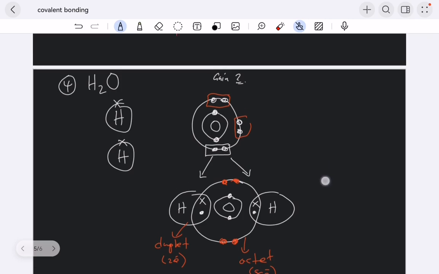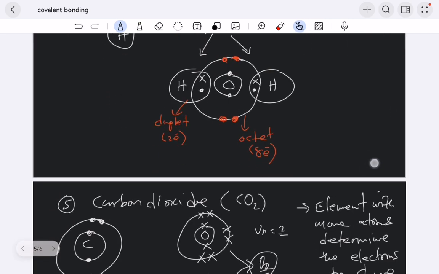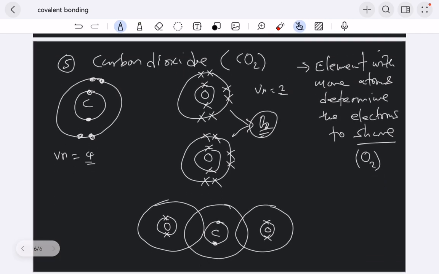In the previous case, we had 2 hydrogens, 1 oxygen. So the hydrogen will decide the electrons to share. So that's a very important point to note. So in this case, the oxygen will decide. So oxygen will put 2 here, meaning carbon can also put 2.